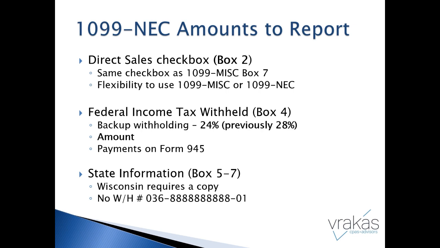So then you report the fees and you check the box. Box 4 is the federal income tax withholding for that backup withholding. And then box 5 through 7 is the state information. Again, you have to look where the services are performed, and the same rules apply for the 1099 NEC as the miscellaneous.